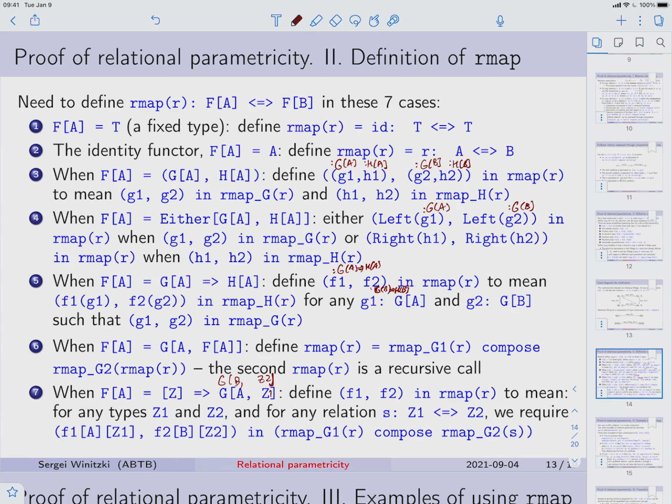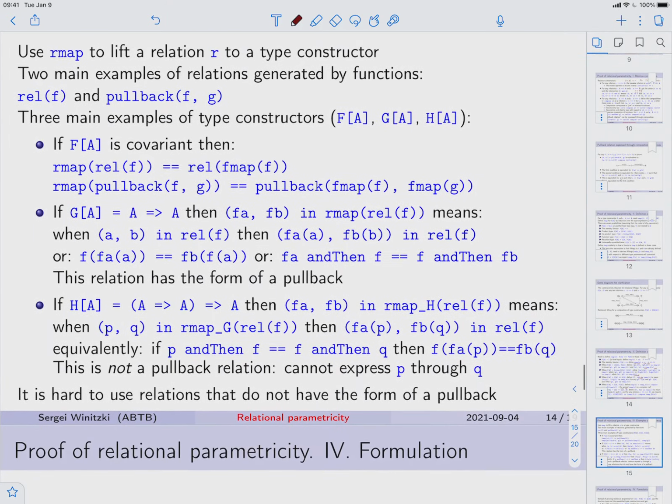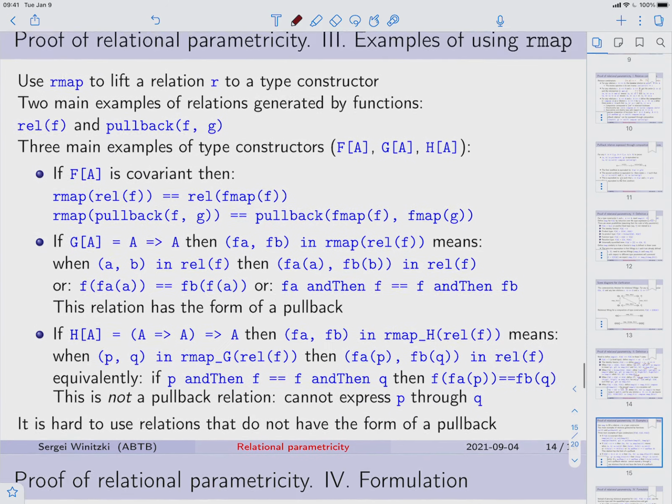So then you get the relation between G of A Z1 and G of B Z2. And that should be the composition of the two liftings. So this is a mouthful, but this definition is enough to define the lifting for any type parameter, for any type constructor.